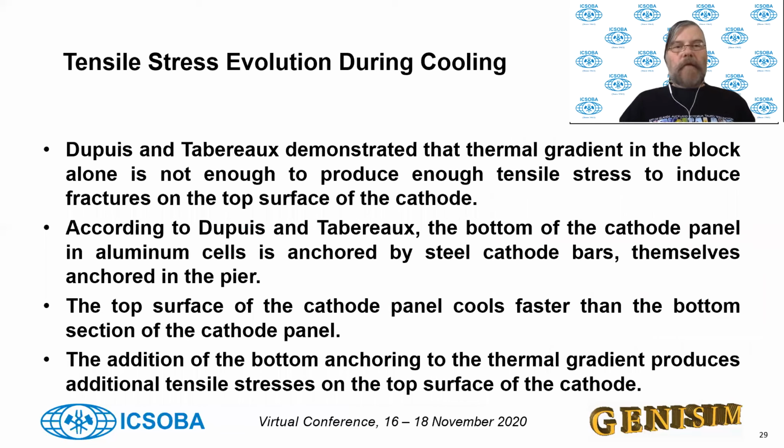So in addition, as we presented in TMS in 2011, we are also prescribing zero displacement on the vertical face of the cathode that is touching the cast iron in the slot for the collector bar. So those faces are specified with zero displacement. So even if they want to shrink, they won't be able to move. And that will create some extra stress in the top surface, and this time plenty of stress to crack them, as we're going to see.